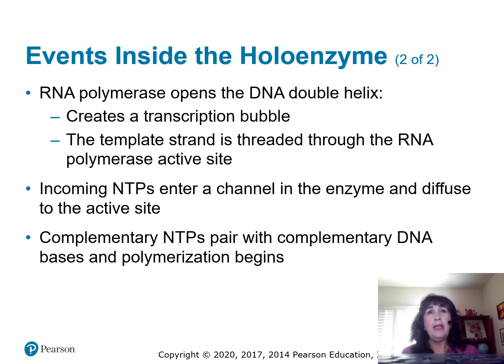We have incoming nucleoside triphosphates. Keep in mind they're activated because they have a triphosphate tail, and energy will be needed to form the phosphodiester linkages. And we know the order, and the order is based on complementary base pairing.